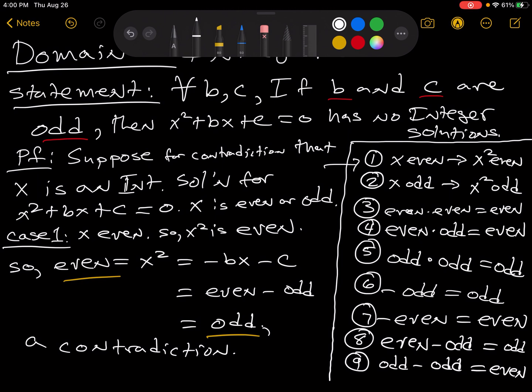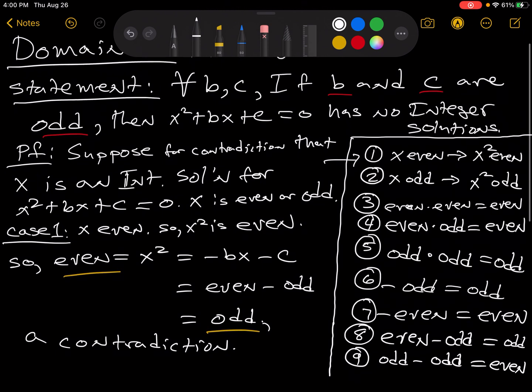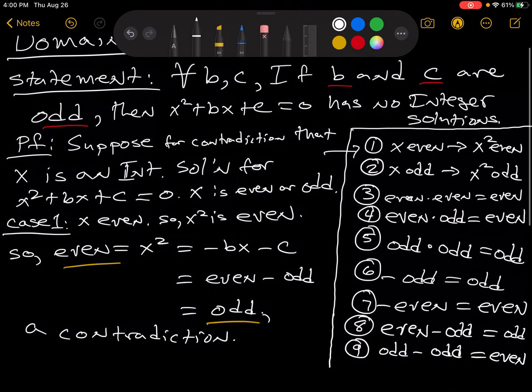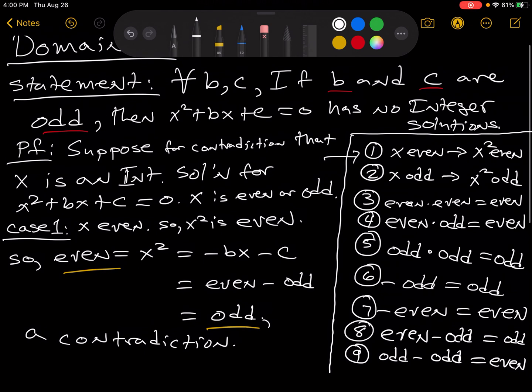Okay, so in case 1, if x is even, we find a contradiction. I don't have a lot of extra room here. Maybe I have a little bit. Let me see if I can fit this in. Well, okay, so case 1, x is even, we find a contradiction.